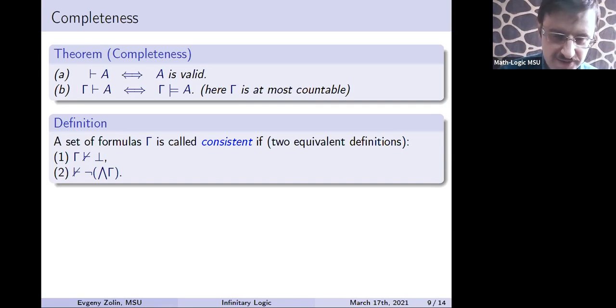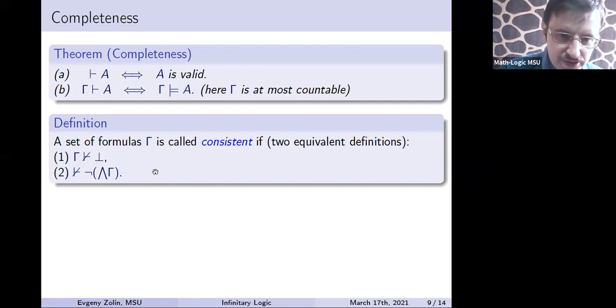In the infinitary logic, this doesn't work because we have incompactness. We have some set of formulas such that every finite subset is consistent, but the whole set, the union of these finite sets, is inconsistent. So the Lindenbaum lemma doesn't work, and we need to invent a new trick.